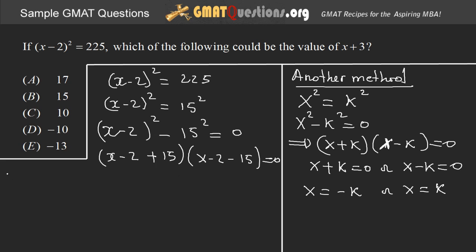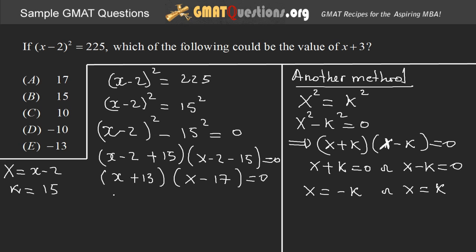If you want, you can consider x equal x minus 2 and k being equal to 15. So this is the same as x minus 2 plus 15, which is x plus 13, and this is x minus 17 equals 0.